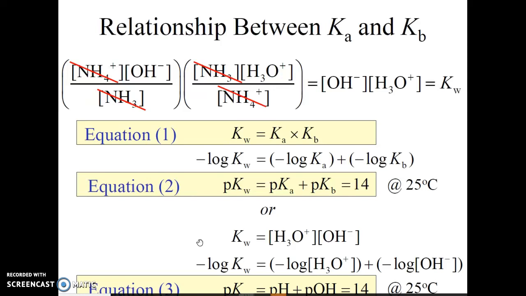And so as heat is added, the equilibrium shifts to the right to use up that heat. And this causes the concentration of the hydroxide ions and the hydronium ions to increase at the same rate. And so the pH and the pOH are lower because the hydroxide ion concentration and the hydronium ion concentration are higher.